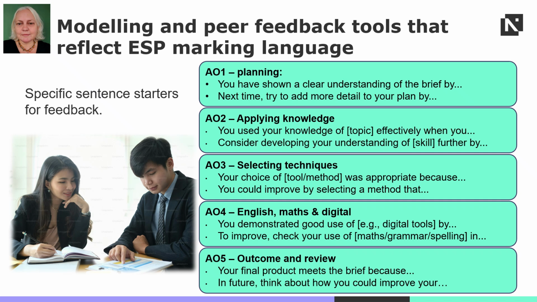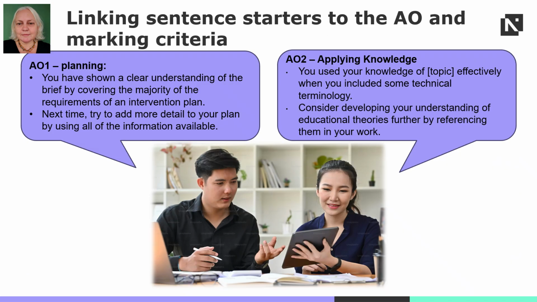And often using these sentence starters can help them to put it into a context and think about how they can improve their own work. So this slide demonstrates how feedback can be given by students to their peers using the student-friendly checklists and the sentence starters that we've just previously discussed. So the student on the left here has chosen to feedback on AO1 of planning.